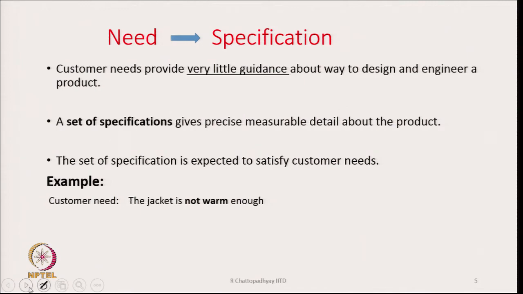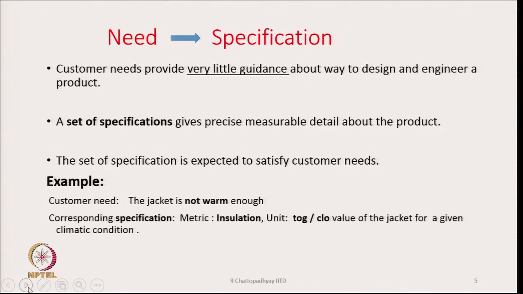Now, the corresponding specification for warmth has the metric of insulation, and the unit of insulation is either tog or clo. So, the metric is insulation, the unit is tog or clo, but the value is not given. So, the value we have to assign.